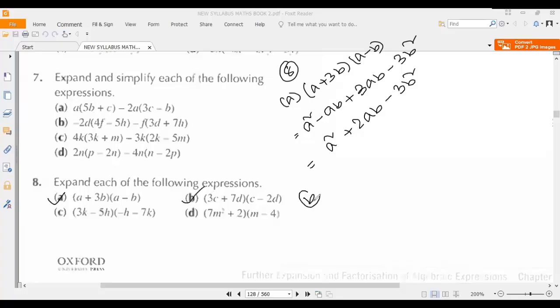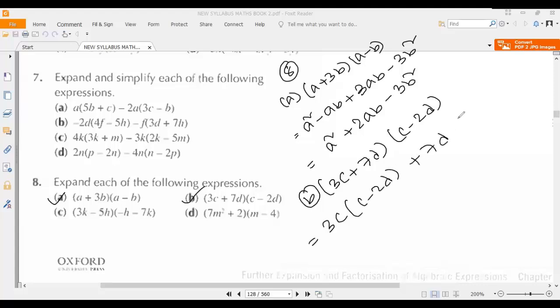Now 8b. 8b says 3c plus 7d into c minus 2d. So here 3c multiplied by c minus 2d, plus 7d into c minus 2d.